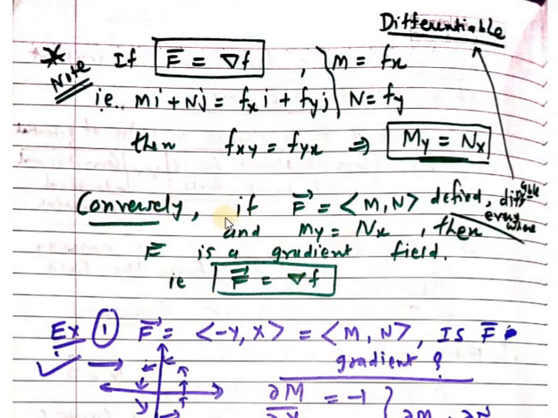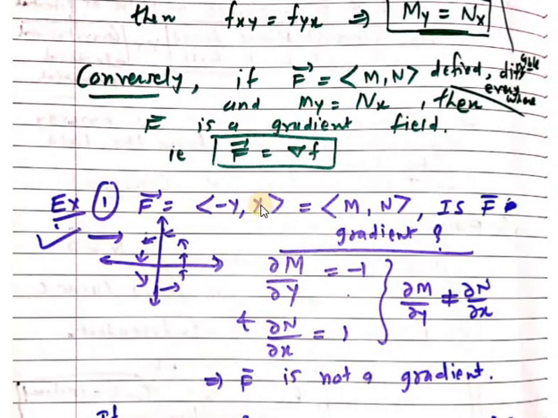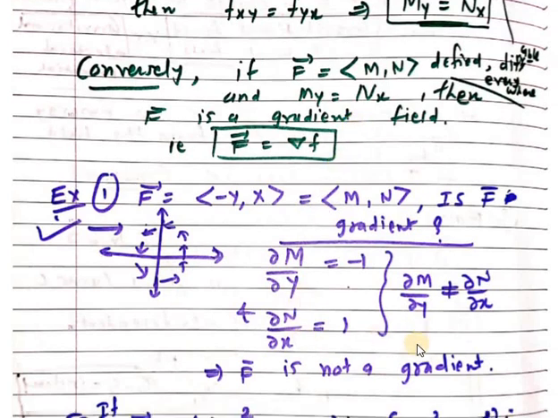F is given, and it is differentiable everywhere, so it is required that M_y is equal to N_x. Here M_y is -1 and N_x is 1. We can observe that these are different answers. That means we can say F is not a gradient.